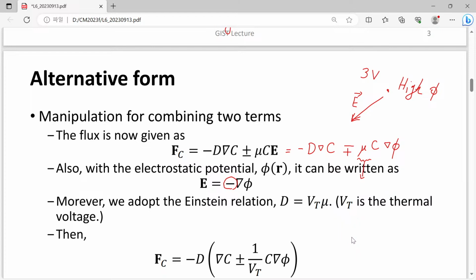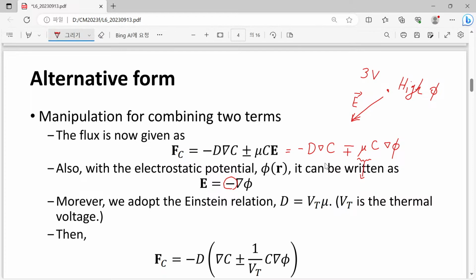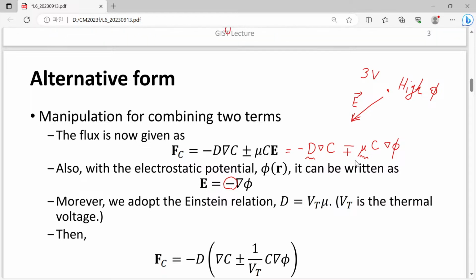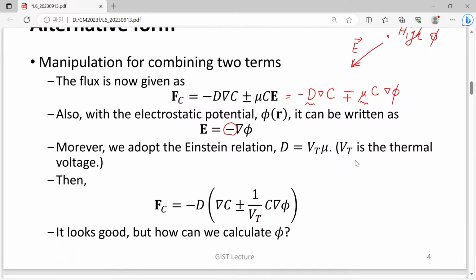Well, anyway, now you have a much better form, but still you have two different terms and two different coefficients called diffusivity and mobility. In general, they are different quantities.